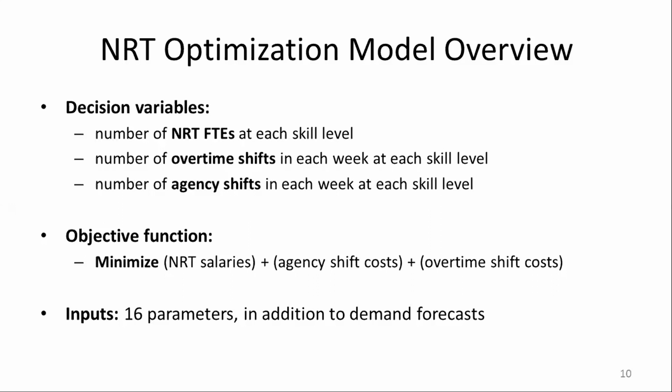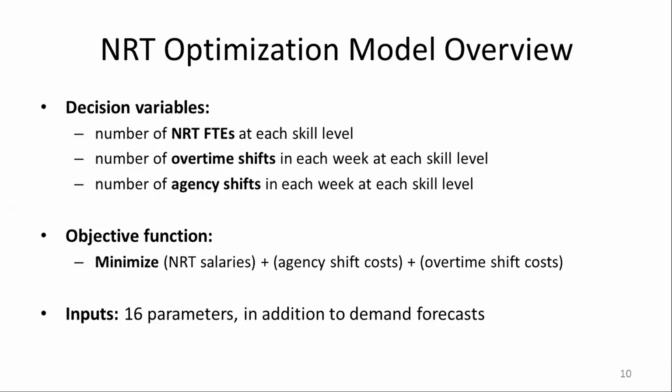For example, some of these parameters include the average hourly wage for an NRT nurse, or the average hourly rate which has to be paid to an agency nurse, or the average number of shifts that a single NRT FTE would be expected to be able to fill in a given week. All of these various input parameters, wherever possible, are estimated based on historical data.